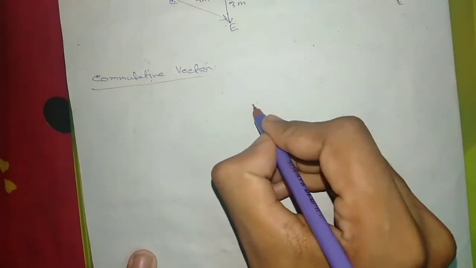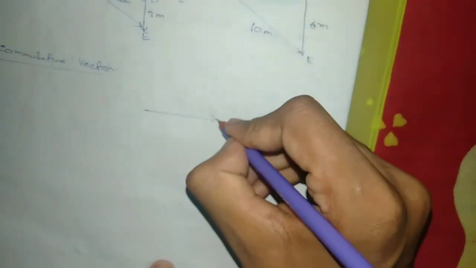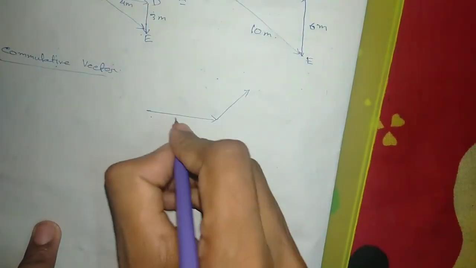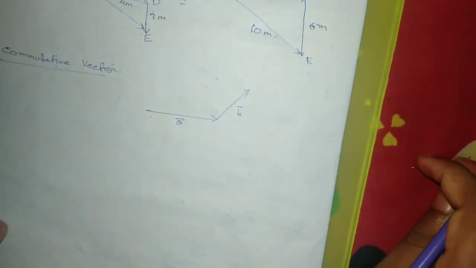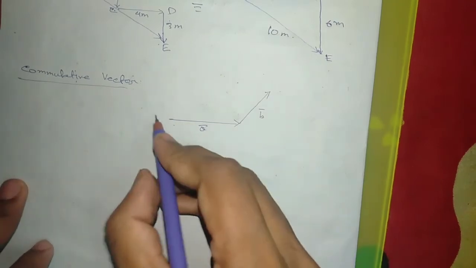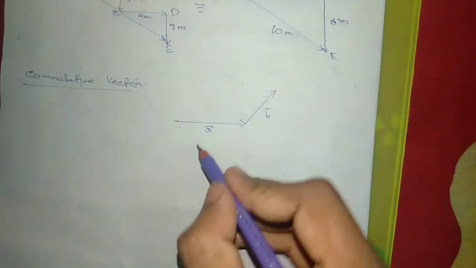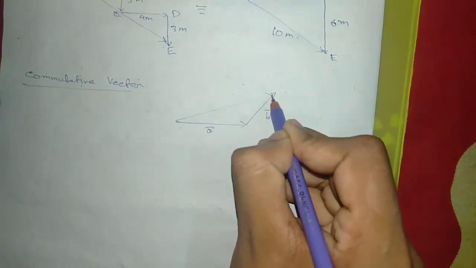Cumulative vector. This is A vector and this is B vector. By addition law we know this is the resultant vector.